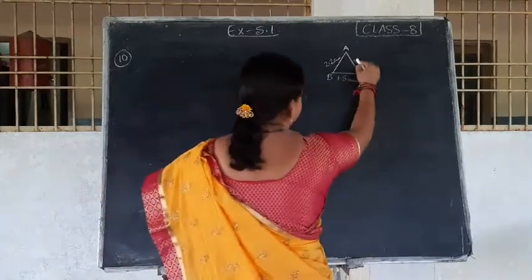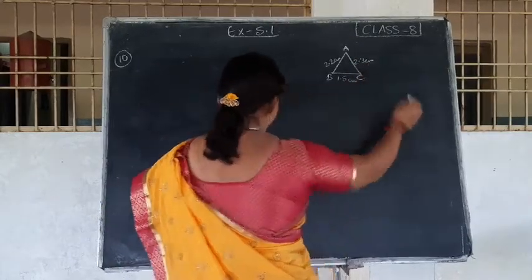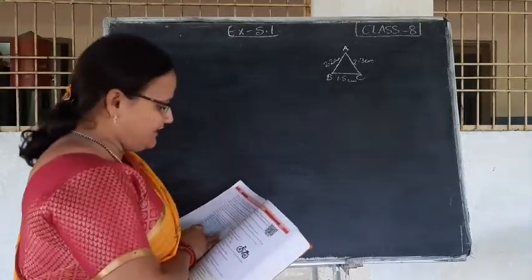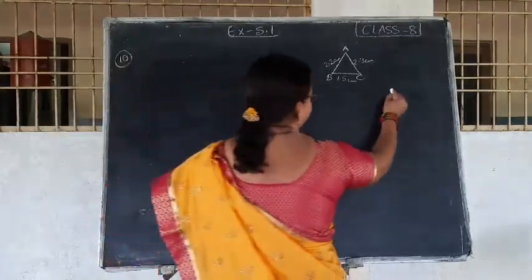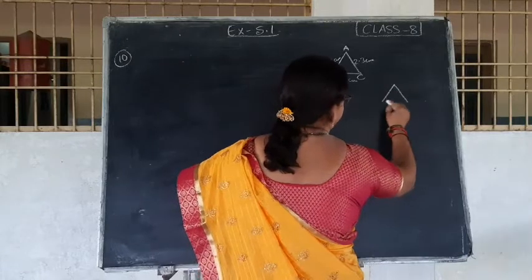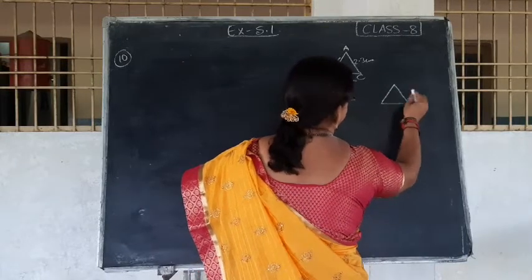AC is 2.3 centimeters. In a triangle XYZ, another triangle is also given.